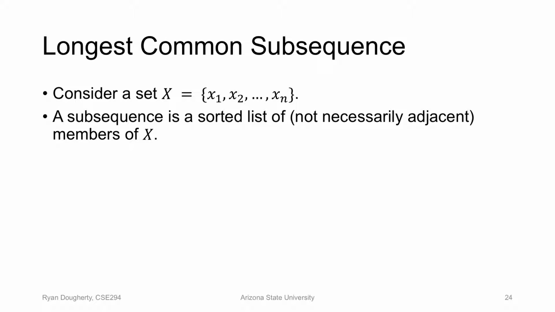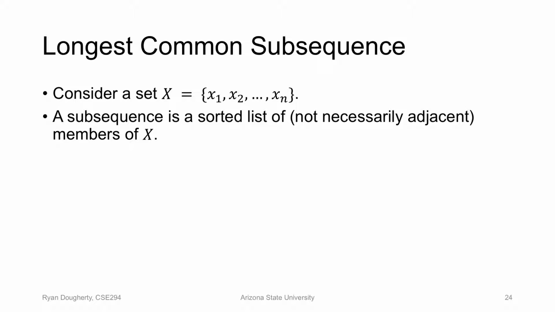So a subsequence is just an ordered list of elements of X, right? A sub-list of a list is just a contiguous selection of some items, right? But a subsequence is basically you pick some items in this list, but they don't have to be adjacent to each other. So it's more general than a sublist.